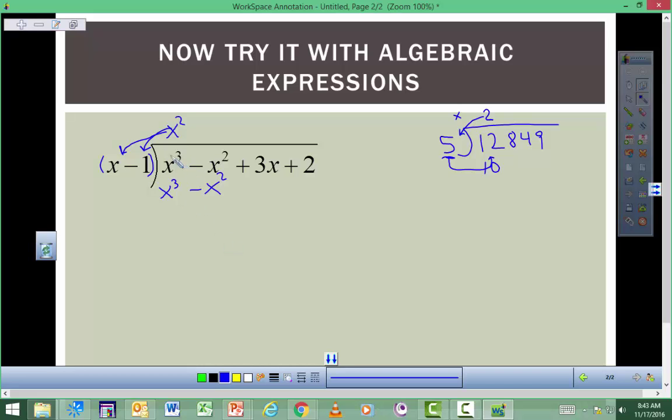Okay, so what you want to do is be able to multiply and get the exact number if you can. Like, for example, if this were a 10, you would get the exact number, right? So in this case, when we're doing algebraic ones, we want to get the exact expression right here. And it turns out x squared does give us that. However, what's the next step? The next step over here was what?